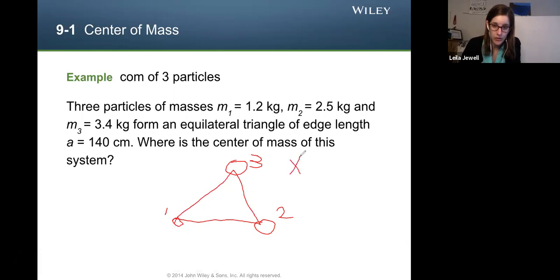So for the x direction, we know it's 1 over the total mass times the summation of the masses times their position in x, where i is going to go from 1 up to 3.